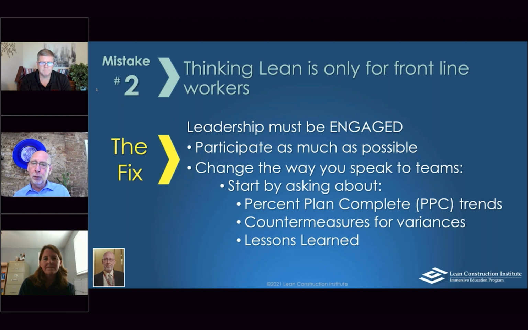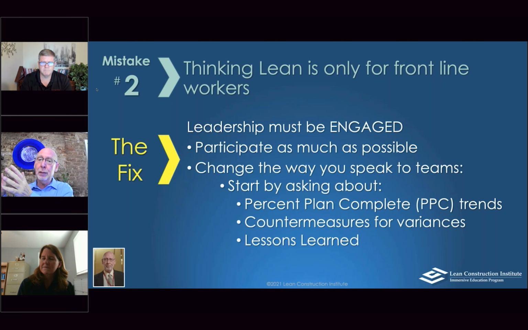Okay, so the point is along with this cultural paradigm shift and the thinking shift that has to go on, lean is not for the frontline workers. Lean has to be adopted and supported at the highest levels of the administrative field for any construction group or owners group or trade partner group or anyone else who's looking to implement lean at a serious level. It has to be adopted by the senior leadership. It has to be adopted by the finance department.